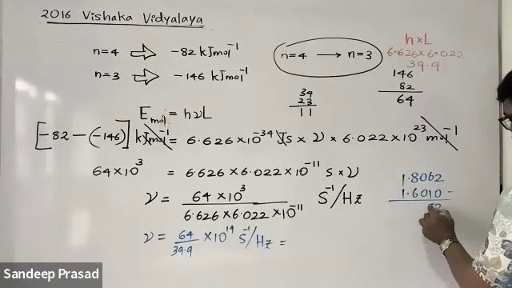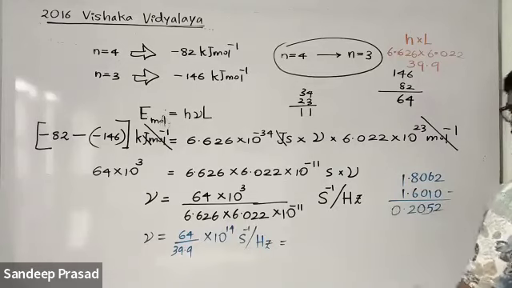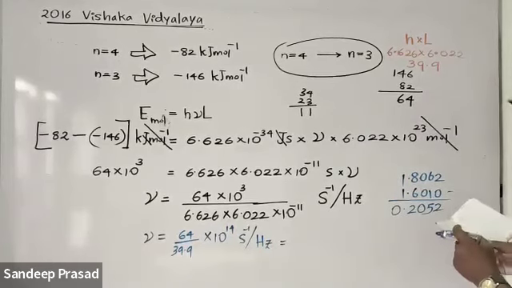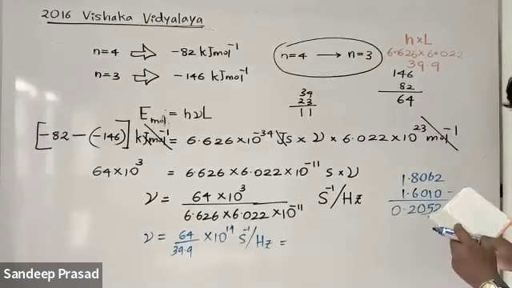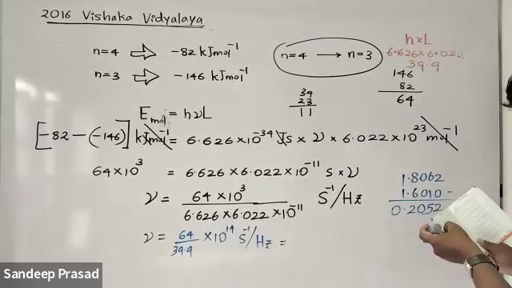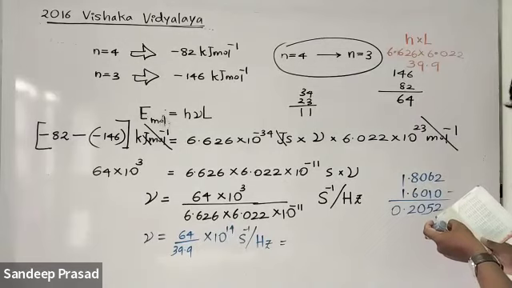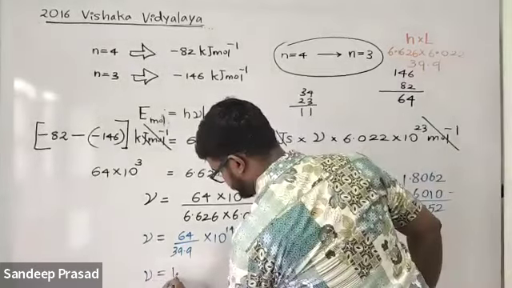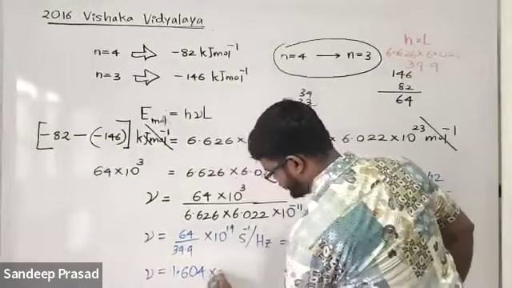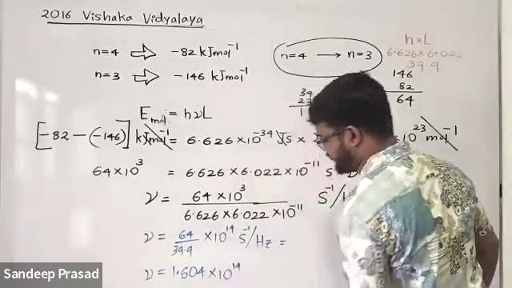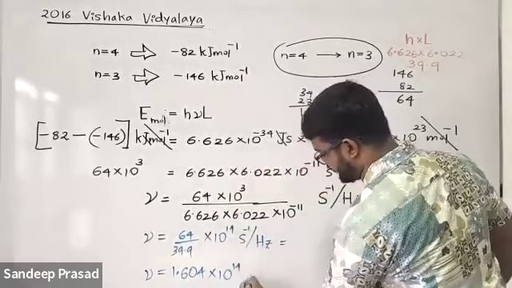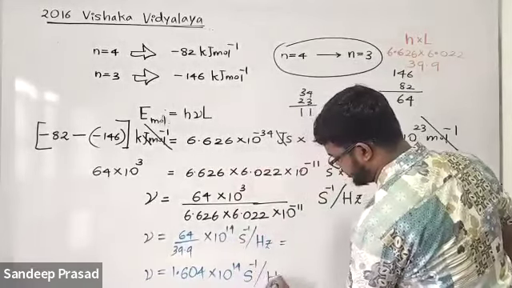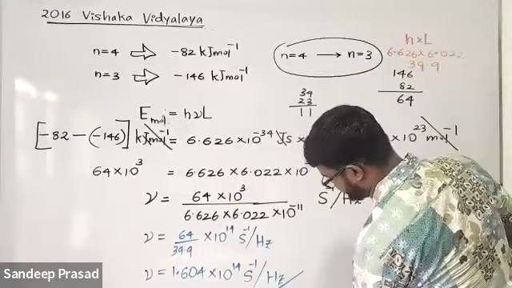Get the difference, which is 0.2052. The antilog of 0.2052 gives 1.604. So 1.604 times 10 to the power 14 per second, or hertz, is the answer.